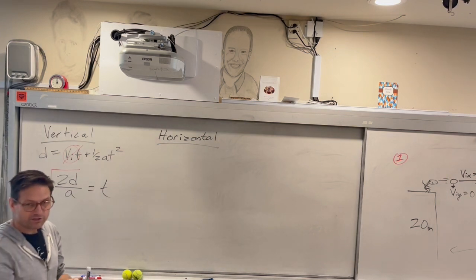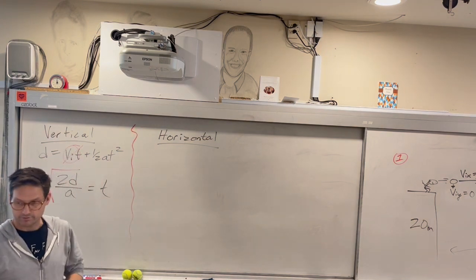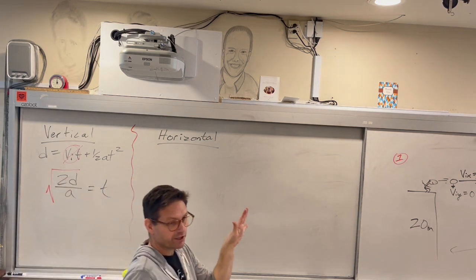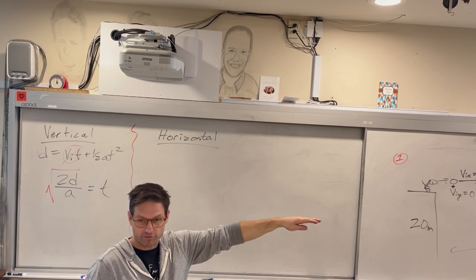What happens horizontally? Is there acceleration on the flight? Well, in the real world, deceleration, you're right, but there's no air here. So it just keeps going at exactly the same velocity forever.